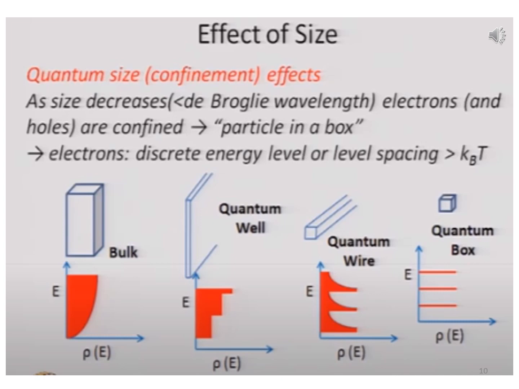So overall, we talked about these energy levels and the variation in the nature of the density of states versus energy plot, which causes all the changes in the optical properties of the system. Because what will happen to electrons when they are absorbed or moved from a lower energy level to a higher energy level by shining light will be very different, and when they come back, the phenomena will be different.